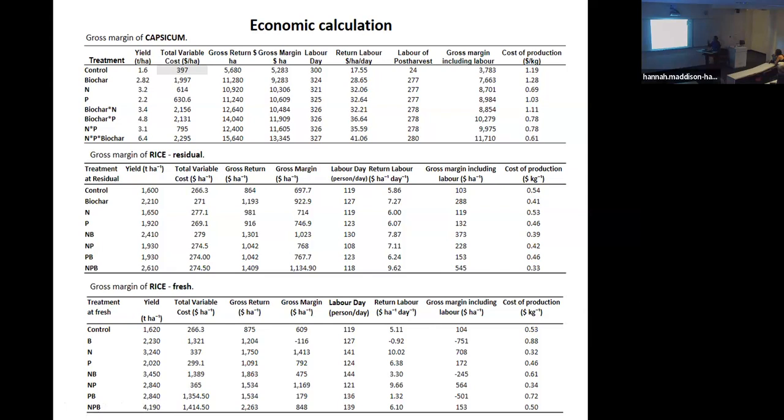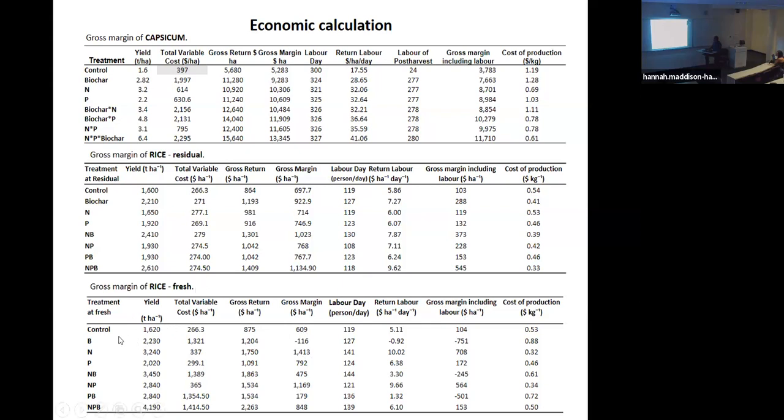So that's why it doesn't cover the cost of producing biochar. But again, you see here, the gross margin here is 1,400, or gross margin including the labor, that one is 700 something per hectare. It's very good.